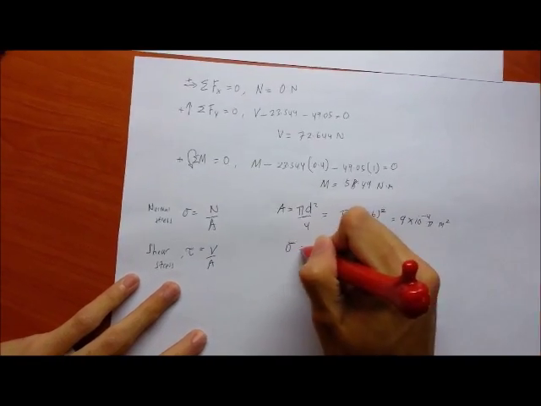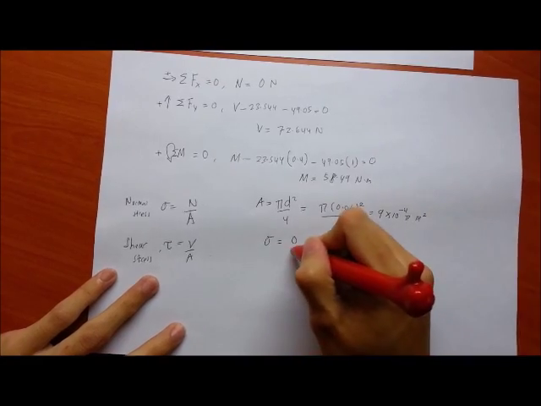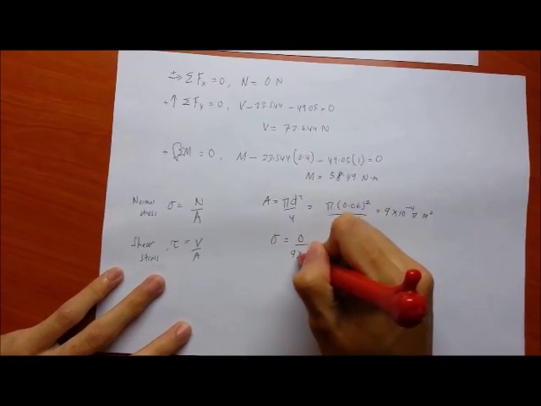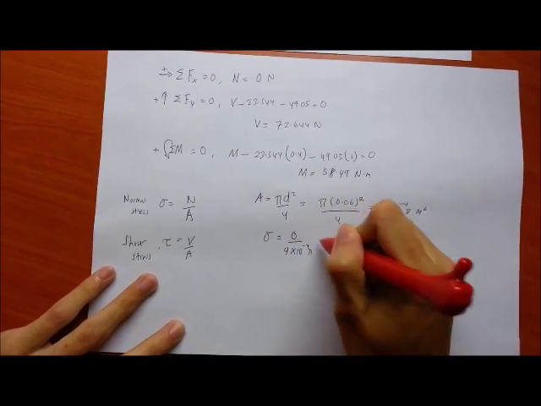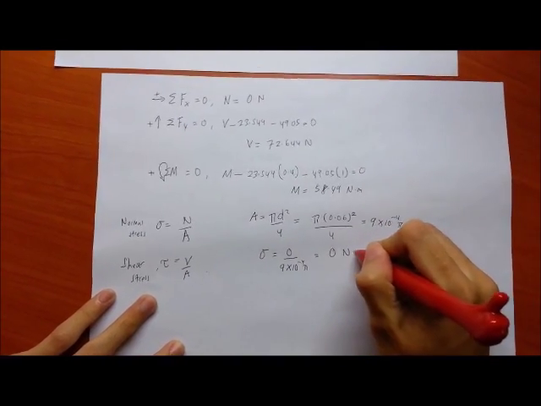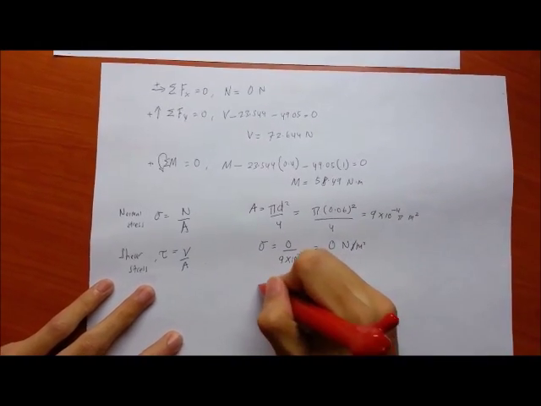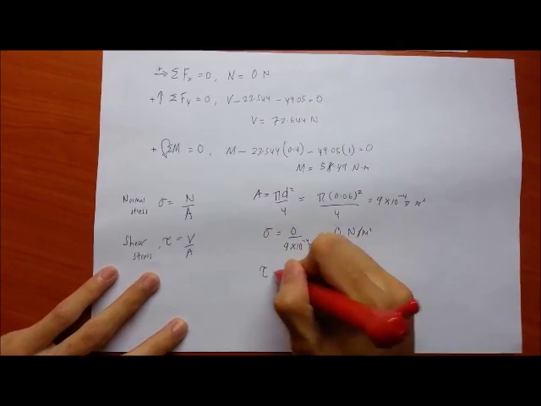For the normal stress, since N is 0, the normal stress is 0 Newton per square meter, or Pascal. Then we can find the shear stress.